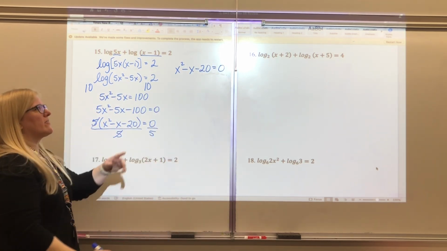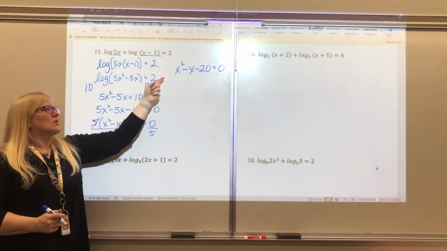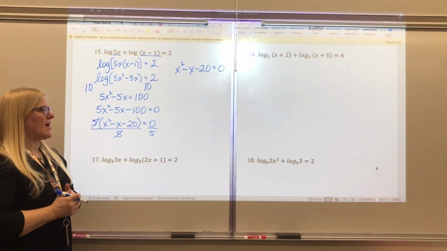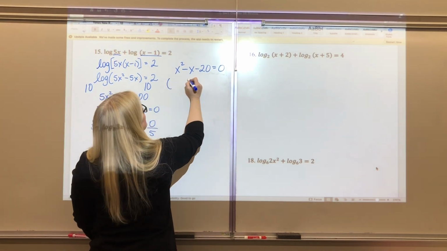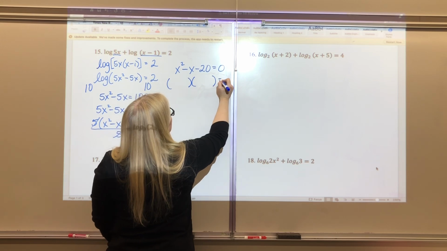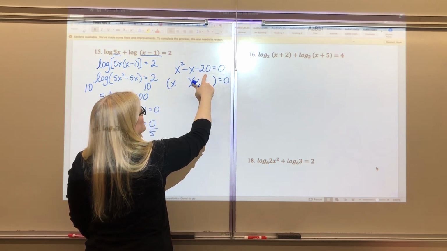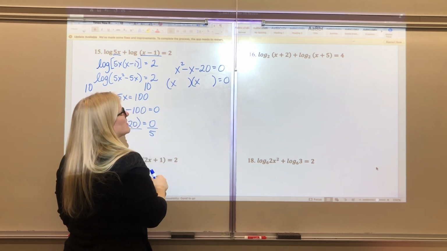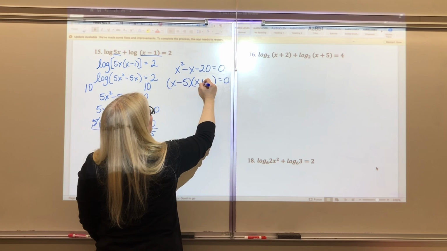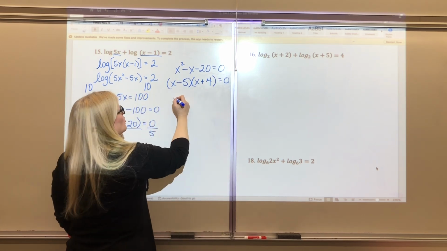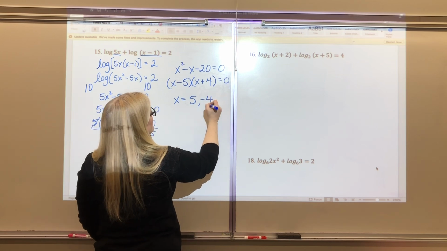We talked a little bit about this in class, why this and this equation both can equal 0. If you have questions about that, you can come ask me. Okay, this is factorable. Got x and x. And what multiplies to give me negative 20 and adds to give me negative 1? Negative 5 and positive 4. So when I solve this, I get x equals 5 and negative 4.